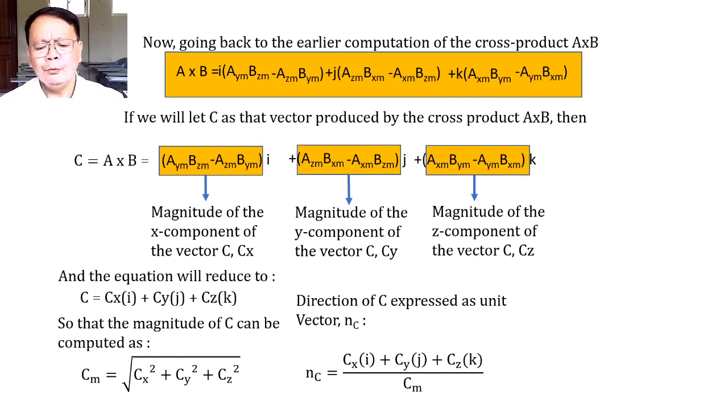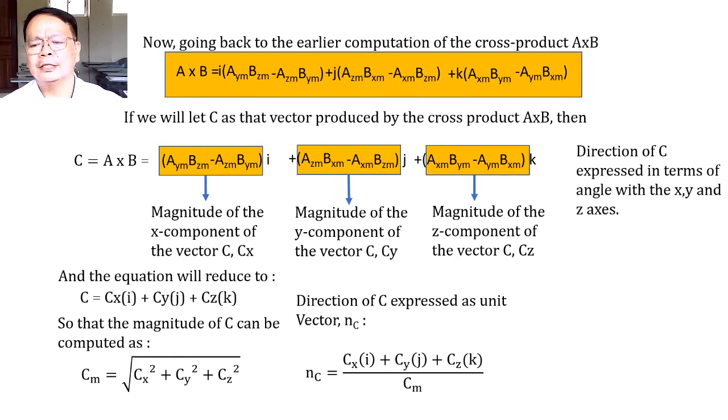However, we can also express the direction of the cross product in terms of the angles that it makes with respect to the x, y, and z axes. If we want it expressed in terms of angles, then theta sub x is the angle that the cross product makes with respect to the positive x-axis, and it is equal to arc cosine of C sub x divided by C sub m.